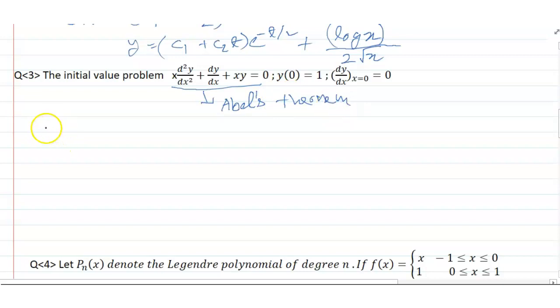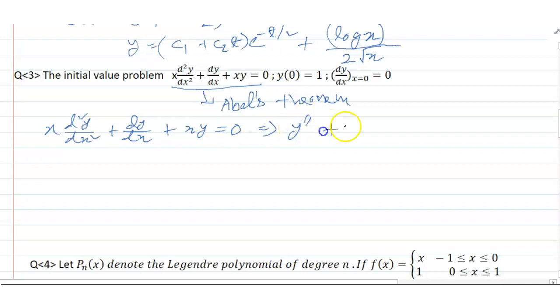So x into d square y divided by dx square plus dy by dx plus xy equals to 0. Now friends, I can write this way, y double dash plus 1 by x y dash plus y equals to 0.